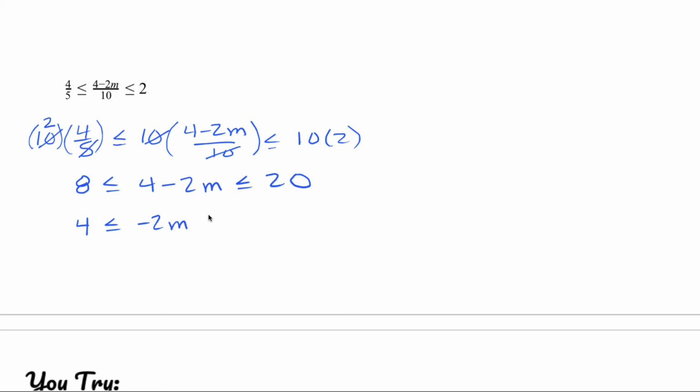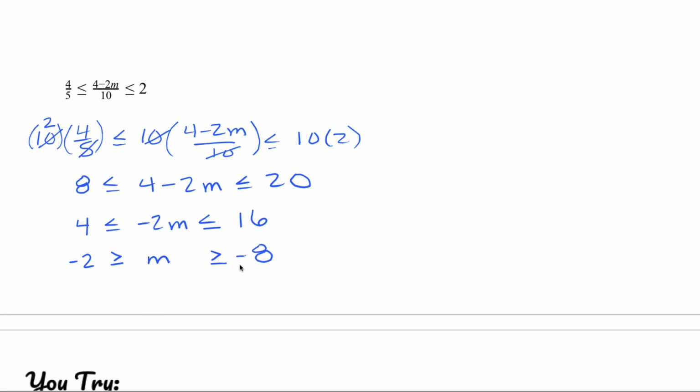We are left with negative 2m in the middle. 20 minus 4 is 16. Last step. We need to divide all 3 parts by negative 2. Dividing by a negative on all parts will flip our inequality symbols. And 4 divided by negative 2, negative 2. We're left with m. 16 divided by negative 2 is negative 8.